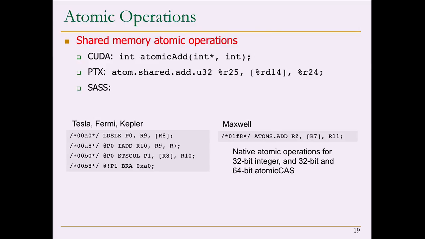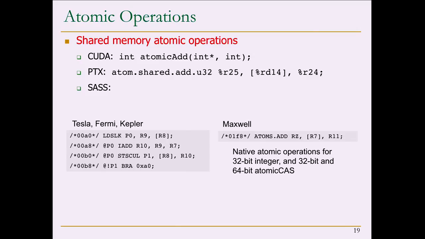This means that the next instruction is only going to be executed by those threads that have the predication register equal to 1. So instruction add and instruction store are only going to be executed by that thread that won the match, okay, that got the lock.